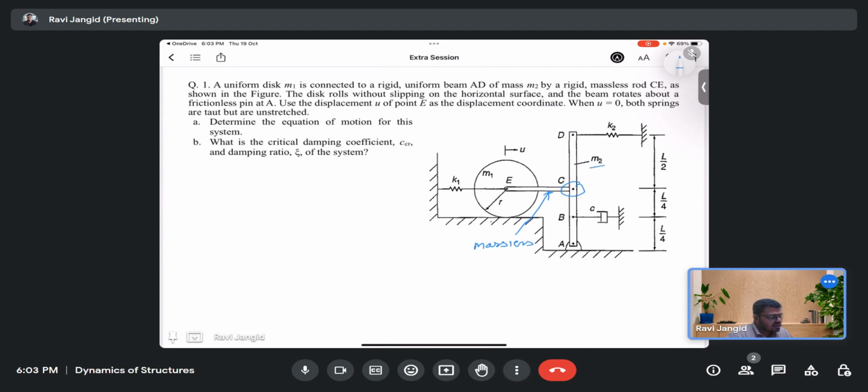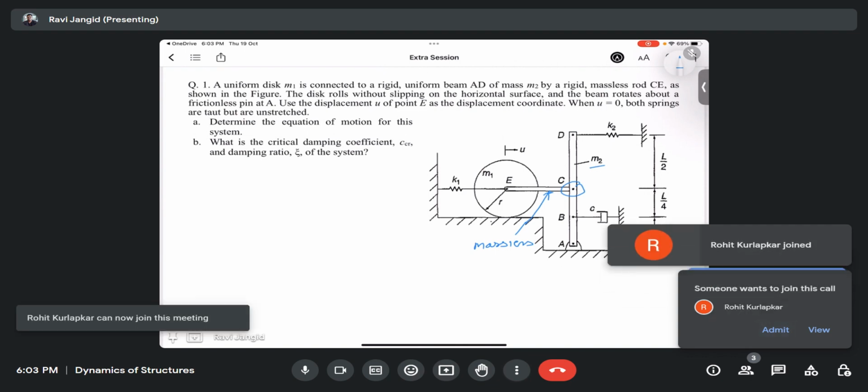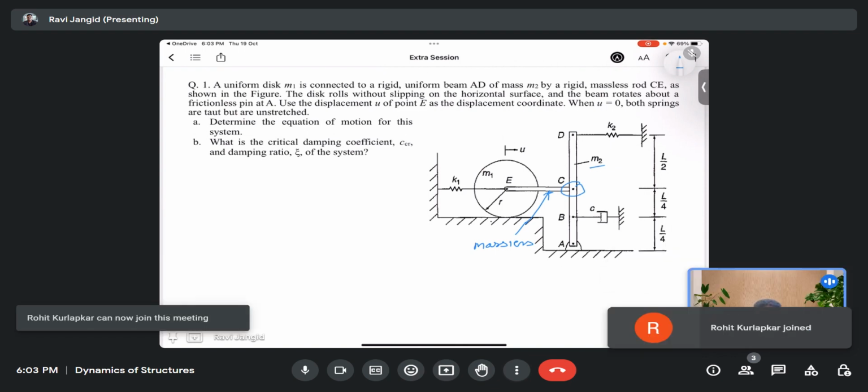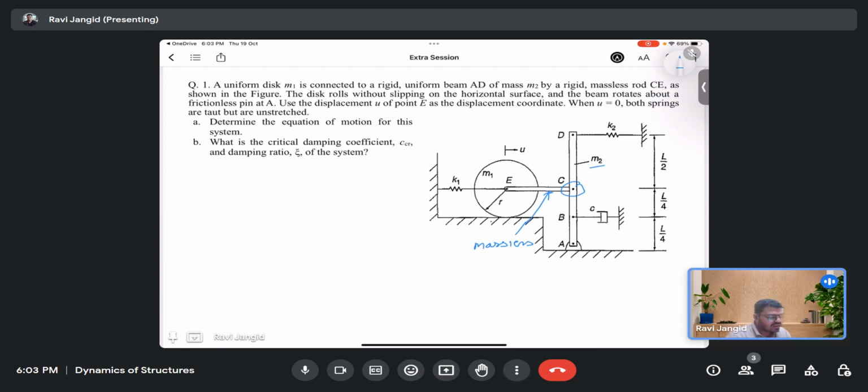The disk rolls without slipping on the horizontal surface, and the beam rotates about a frictionless pin at A. Okay, so this is a hinge point, or we can say a pin point.